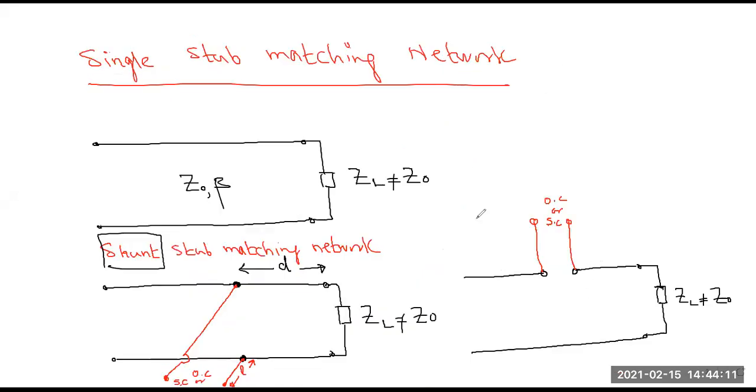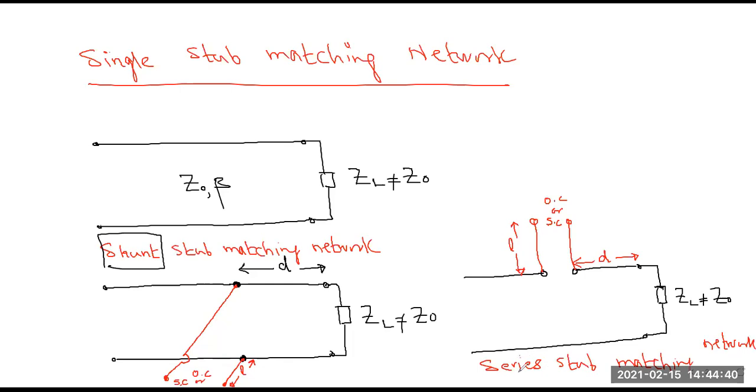Again, there are two parameters of this. One is this distance, and the second parameter is the length of the stub. And this type of circuit is then known as series stub matching network.